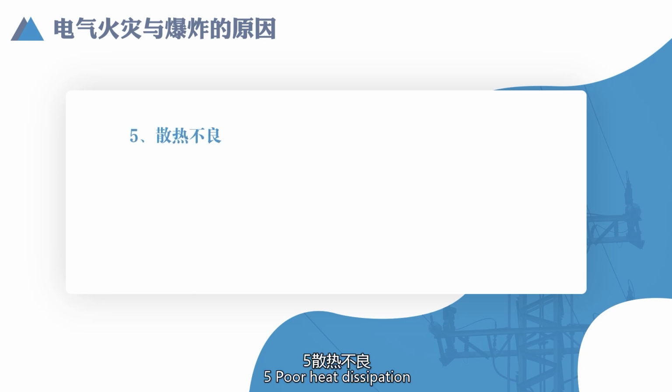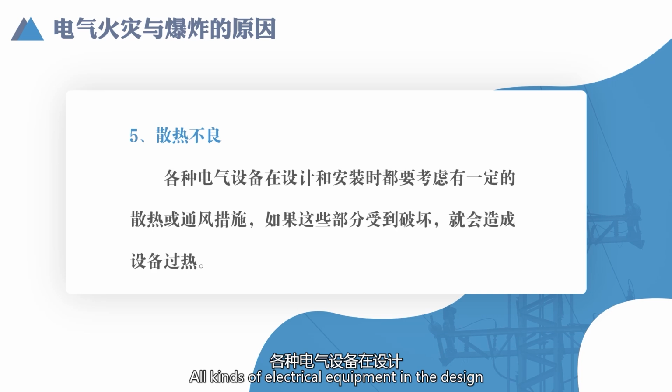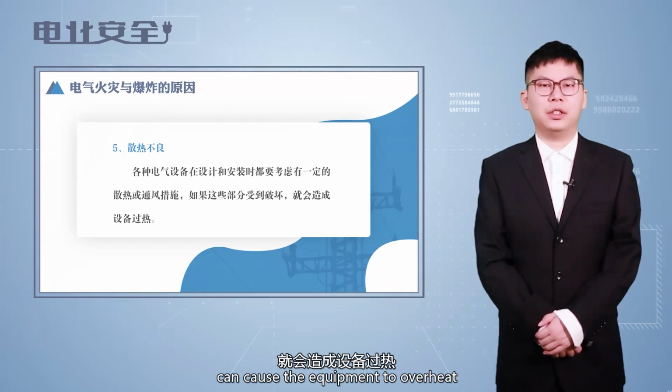Fifth, poor heat dissipation. All kinds of electrical equipment should have some measure of heat dissipation or ventilation in design and installation. If these parts are damaged, it can cause the equipment to overheat.